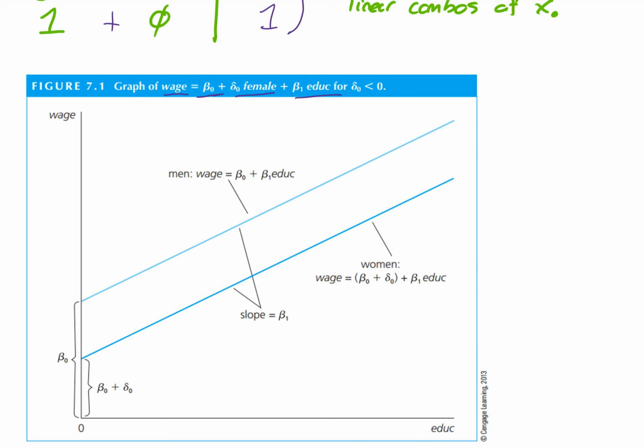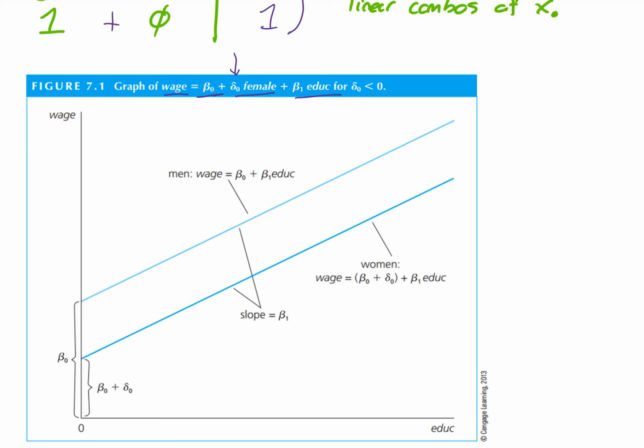So wage is our y variable. Here, Wooldridge uses deltas to notate coefficients for dummy variables. I don't typically do that, but if you see it when you're reading the book, that's what's going on. This delta 0 is just representing the coefficient for the dummy variable female.